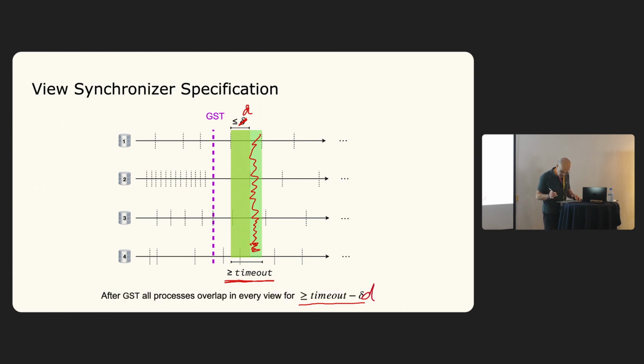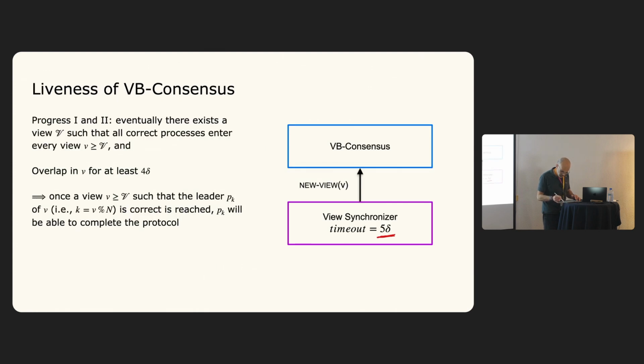Because we're talking about the generic specification, it should be 4 delta plus D. For the synchronizer that we implemented before, D is equal to 2 delta. So we have 4 delta and 2 delta, so we have 6 delta. That's why we need to initialize the synchronizer with timeout 6 delta.